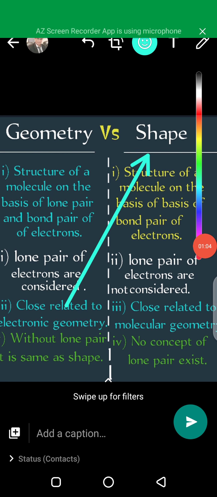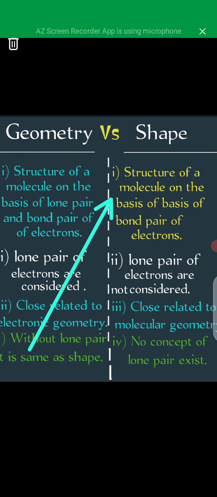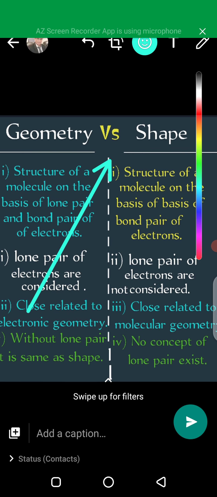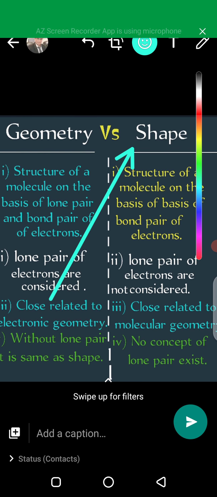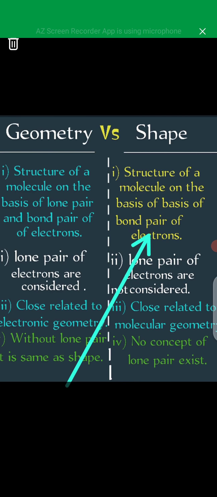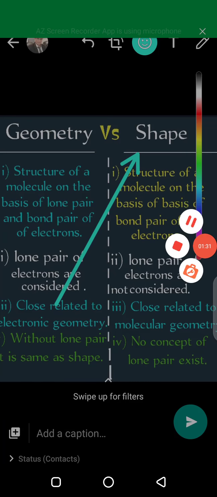But if we talk about the shape of a molecule, it is the structure of a molecule without the lone pairs of electrons. Whenever we draw or consider the shape of a molecule, we do not consider lone pairs; we only consider bond pairs of electrons, so that structure will be called the shape of that particular molecule.